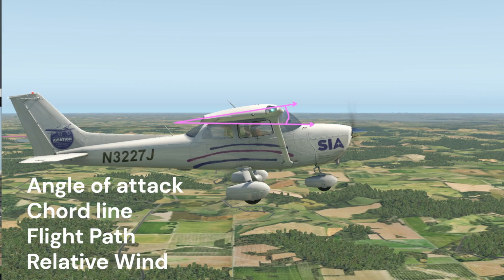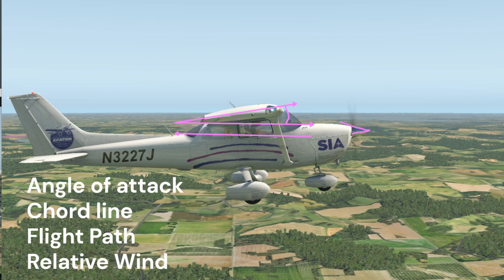The flight path is the path that the aircraft is traveling through the air. The relative wind, the other item we want to define, is parallel and opposite to the flight path. So it's always parallel to, but runs opposite, the flight path.